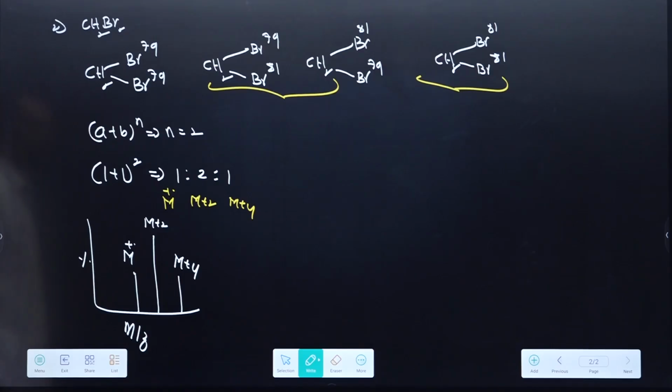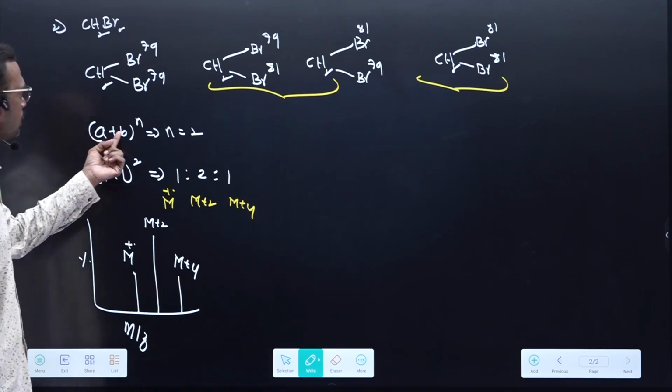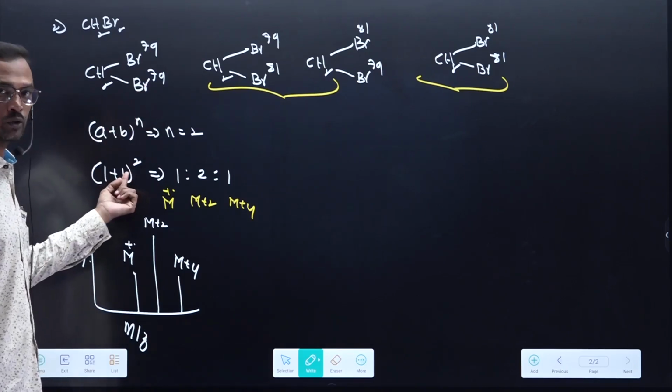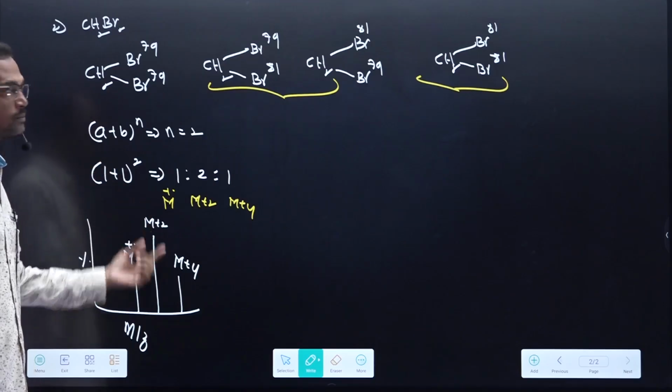Always the lighter isotope of bromine and heavier isotope of bromine should be taken as 1:1 only, because both have almost the same abundance.